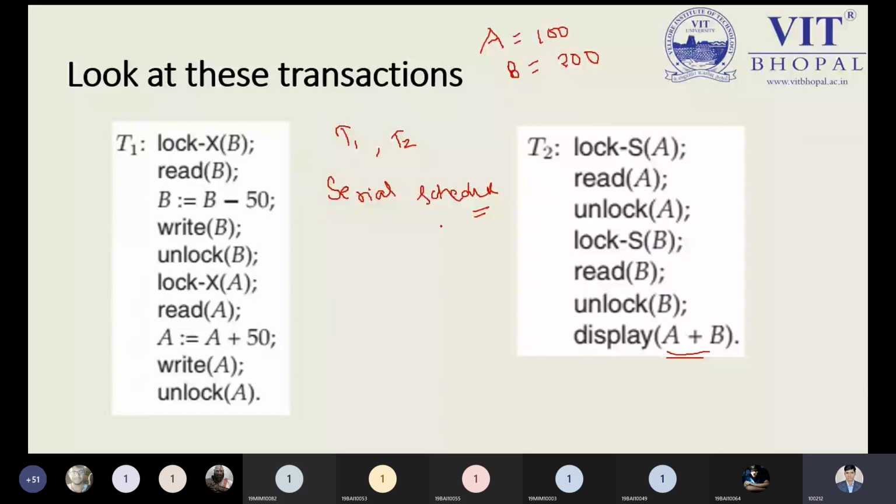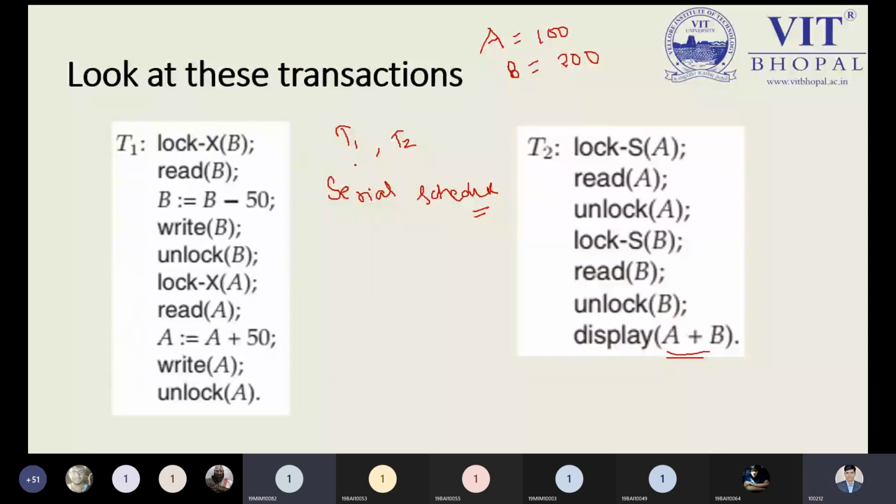So how are you getting the 300? Sir, we have B as 200 and A as 100. We are subtracting 50 from B, so that is 150, and adding 50 in A, so that is also 150. So the sum is 300.